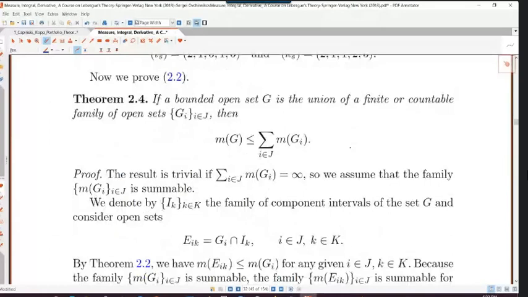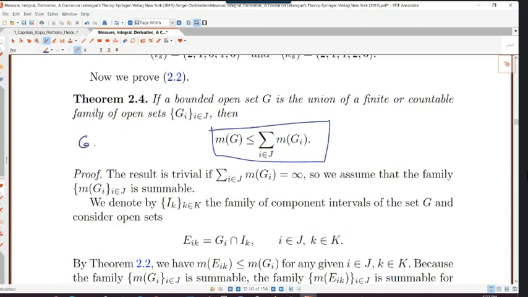Now, the next step is for a bounded open set G, if it is the union of a finite or countable family of open sets, then m of G is less than or equal to the sum of m of Gi.